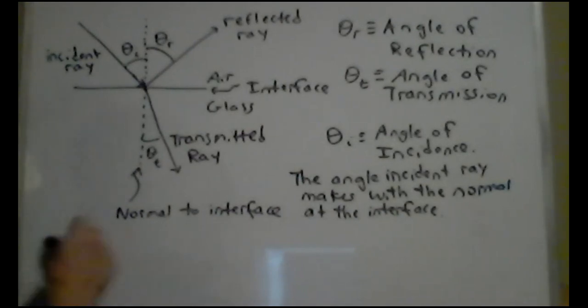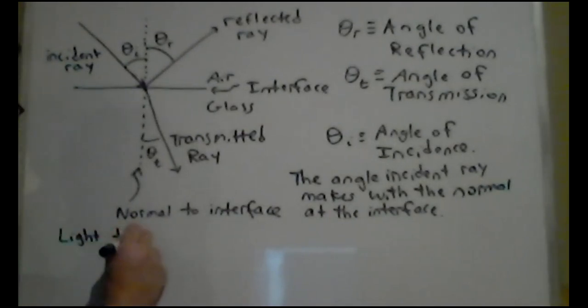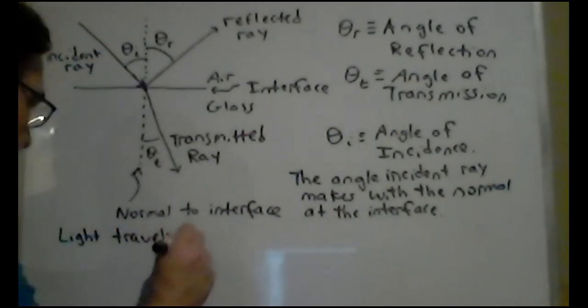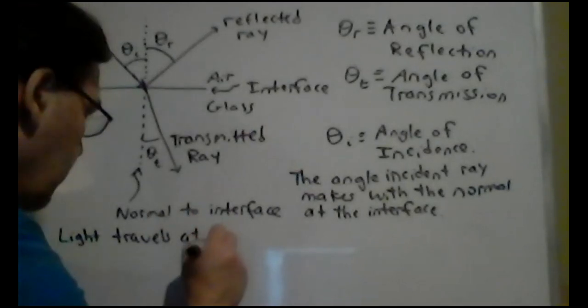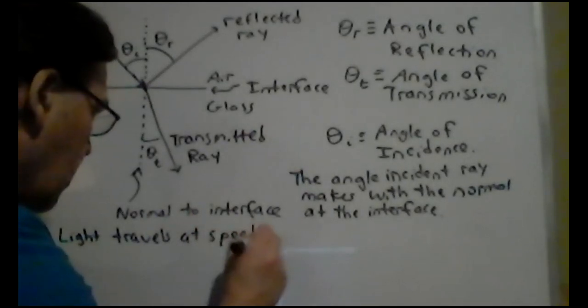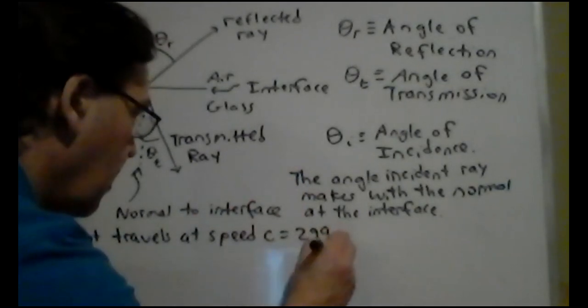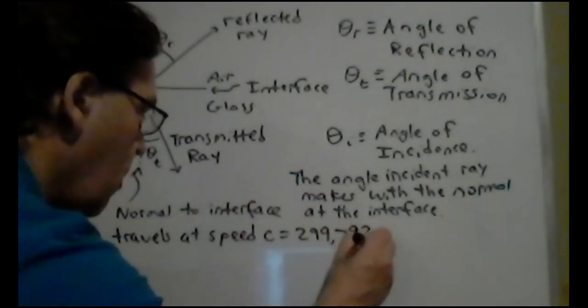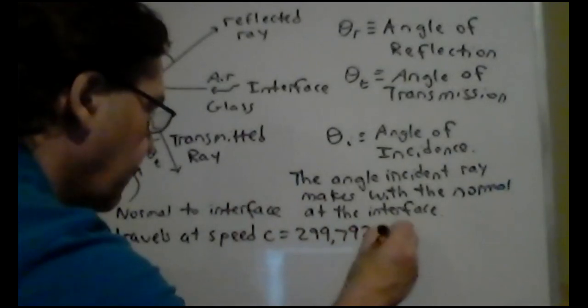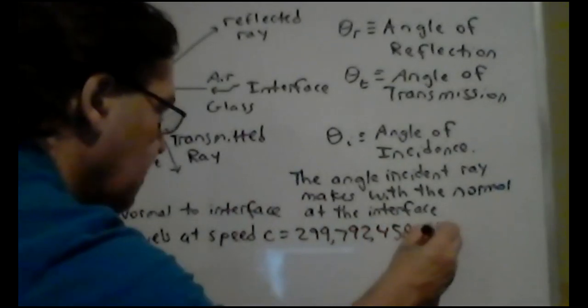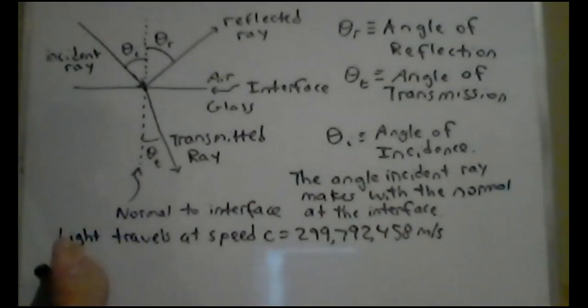Light travels at speed c. To be exact, it's 299,792,458 meters per second, but in a vacuum, like vacuum space.